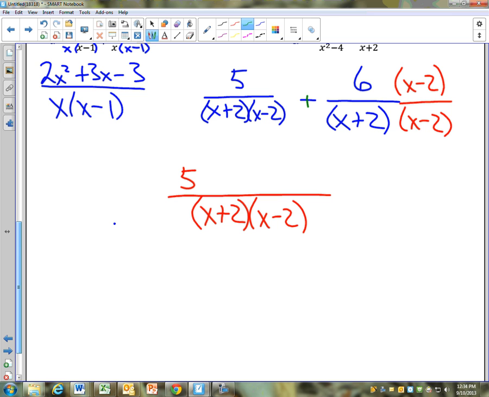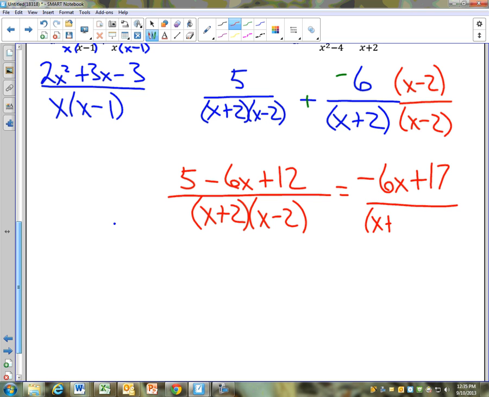You see that this is a negative 6, which brings me to a minus 6x and a plus 12. I can combine the 5 and the 12. Negative 6x plus 17 over x plus 2, x minus 2.